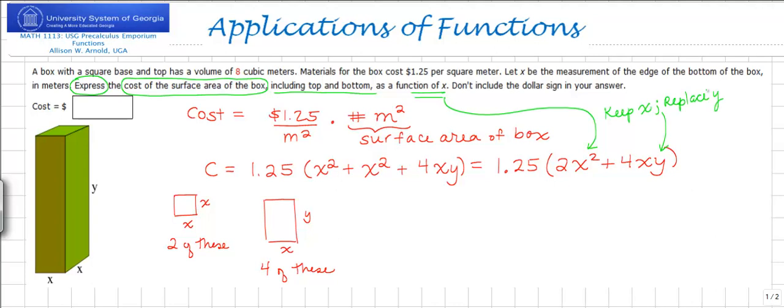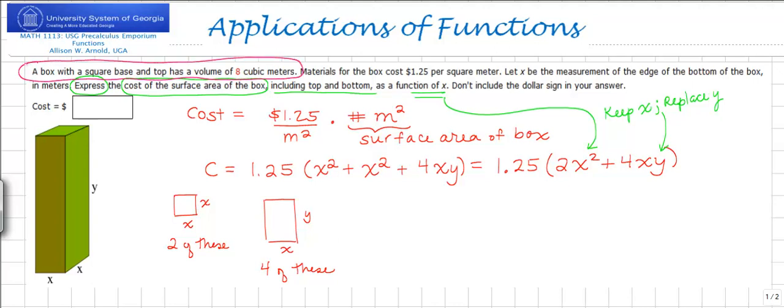And this means you're going to have to read the question again. So when I read the question again, I'm not looking for cost anymore, because that's my formula I'm trying to describe. So look for something that's actually given to you that's not cost. And in this case, we would have a volume for this box of 8 cubic meters.